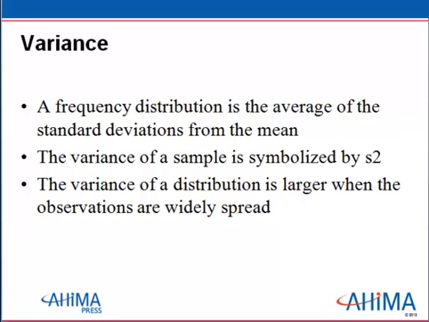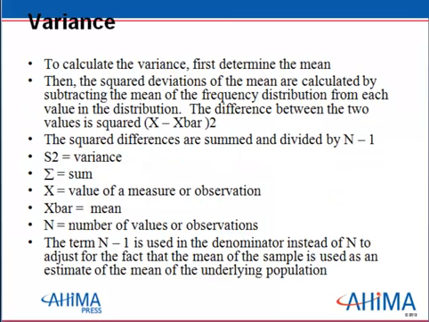The variance of a frequency distribution is the average of the squared deviations from the mean. The symbol S², listed here on your slide, is used to show the variance of a sample. The variance of a distribution is larger when the observations are widely spread. To calculate the variance, first determine the mean.